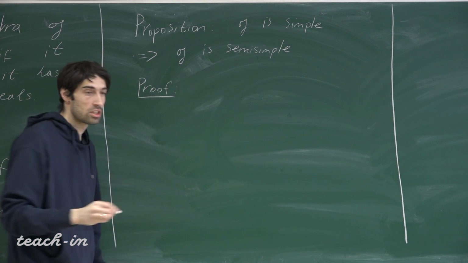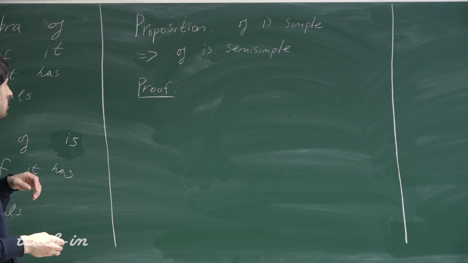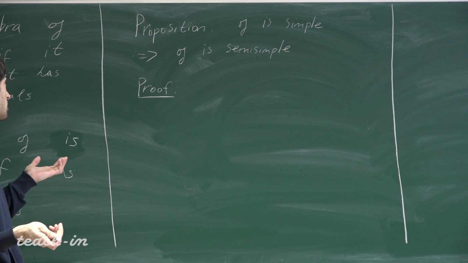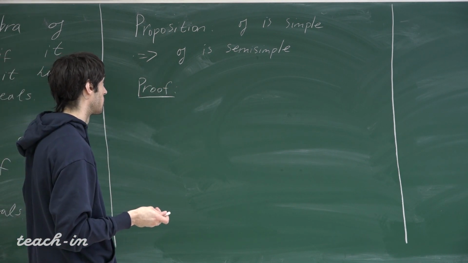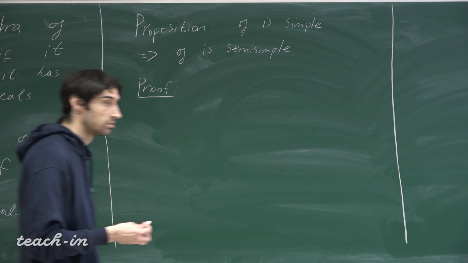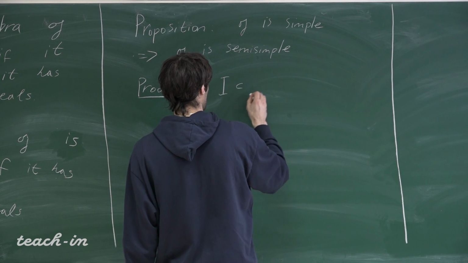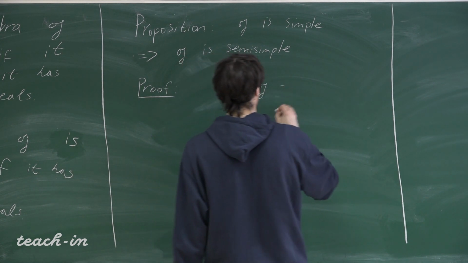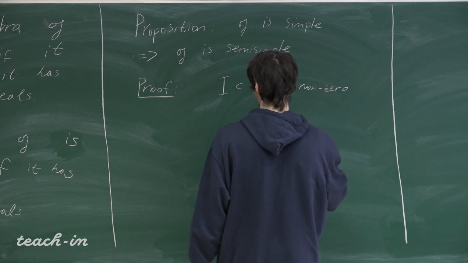Okay, so let's prove it. Prove by contradiction. So I have to assume that G has some non-zero solvable ideal. Okay, so I inside G is a non-zero solvable ideal.